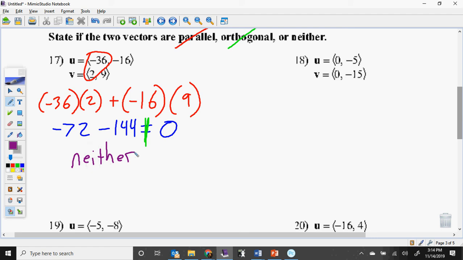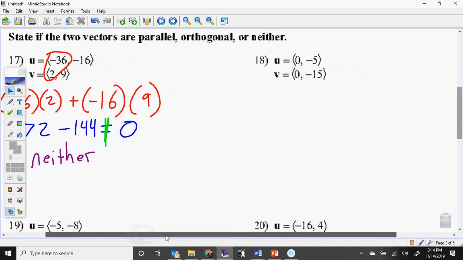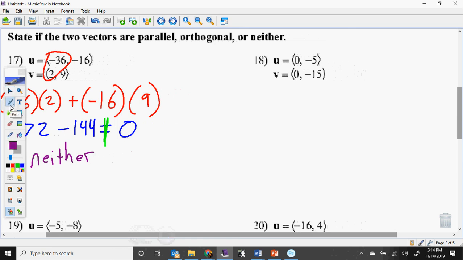So I'm going to come over to the other one. I'm just going to erase those two, and let's check this one over here. Well, again, I'm going to start off with parallel. Parallel means I multiply one of them by some number and get the other. Well, I know that negative 5 times 3 gives me negative 15.